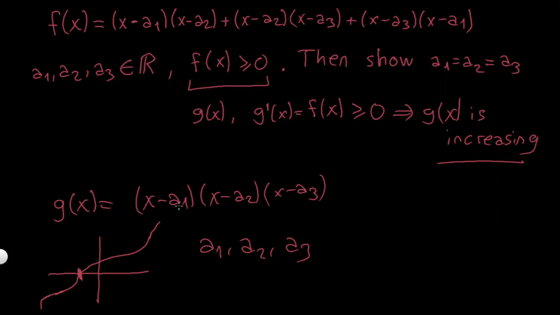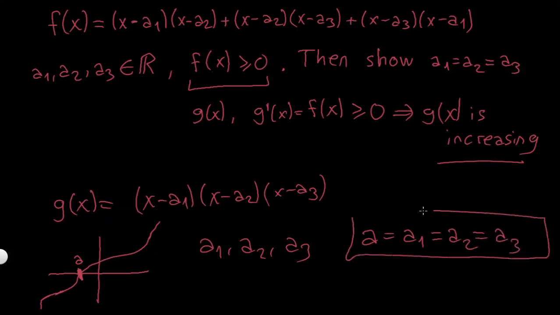So a1, a2, and a3 are zeros of this polynomial. And since I only have one root, let's say this point a has to be equal to all of these points. A is equal to a1, which is equal to a2, which is equal to a3. And that's the end of it. So I can only have one such a_i value.